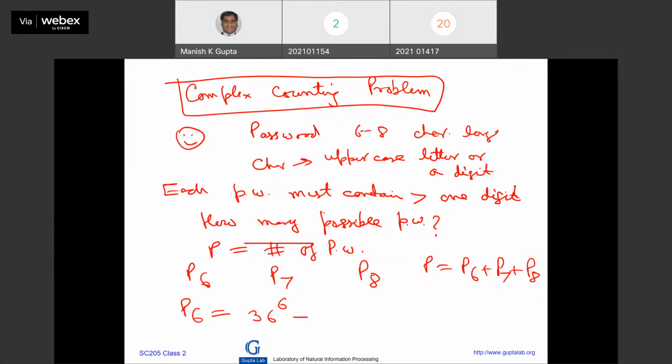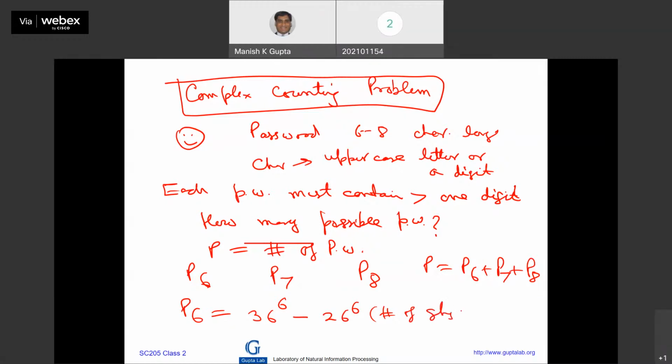Minus, I have to subtract 26 power 6, because this is the number of strings with no digit, right? इनको तो हटाना पड़ेगा ना. So P6 is 36 raised to power 6 minus 26 raised to power 6.